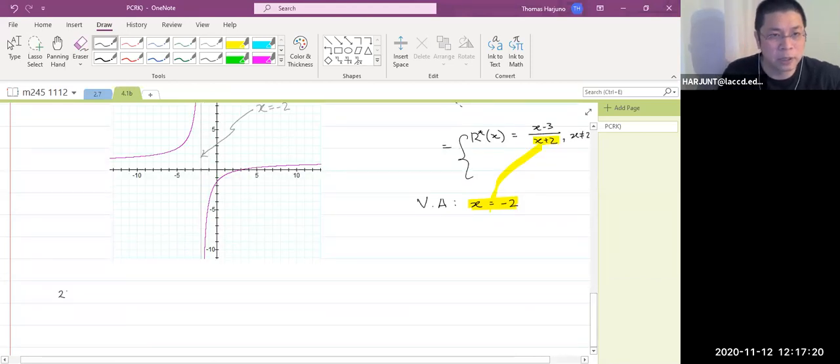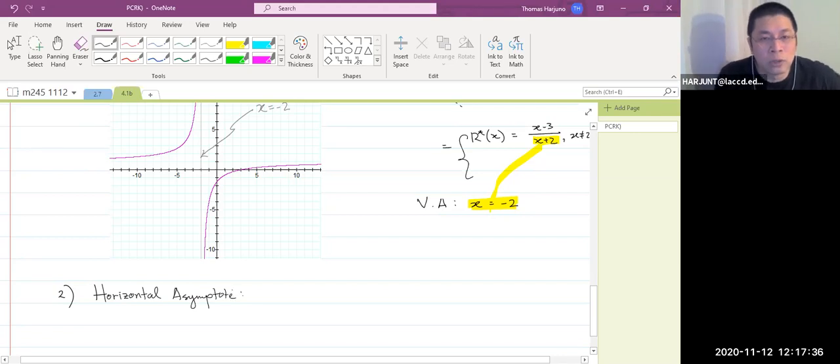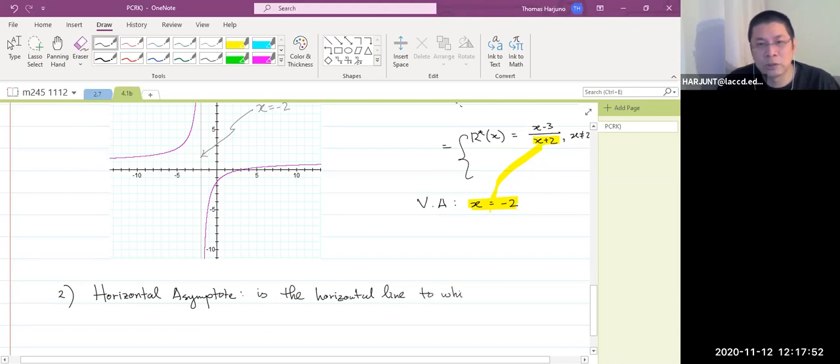The second, horizontal asymptote. A horizontal asymptote is the horizontal line to which the graph gets closer and closer as x goes to infinity or negative infinity.